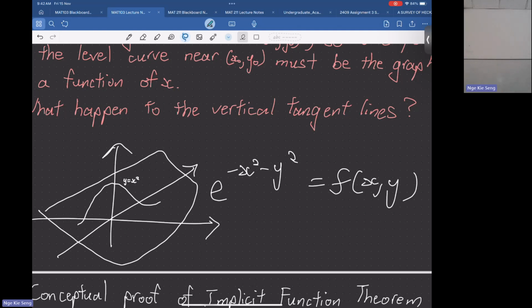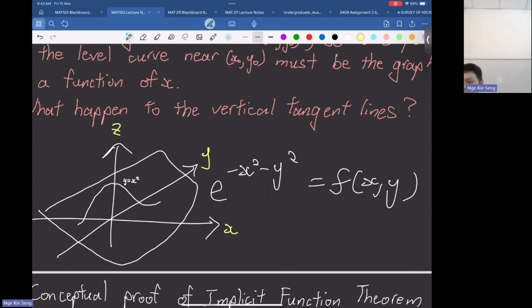All right. So if you look at here, just now we wanted to look for dy dx. What does it mean by dy dx? And where is the level curve we are interested in actually? So let's draw this.